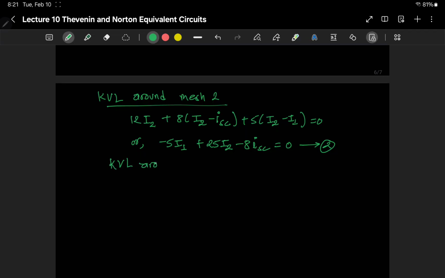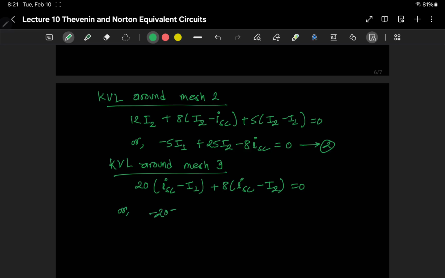KVL around mesh 3: 20(isc minus i1) plus 8(isc minus i2) is equal to 0, or minus 20i1 minus 8i2 plus 28isc (short circuit) is equal to 0.